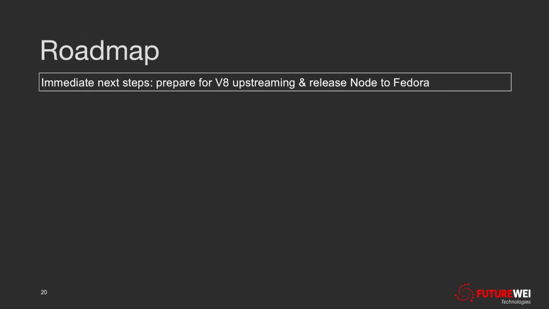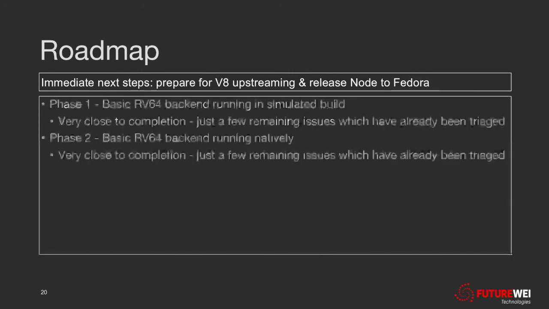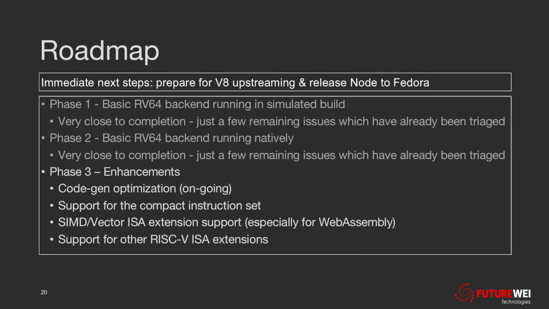In terms of roadmap, our immediate next step is to prepare for the V8 upstreaming and releasing Node to Fedora. This would happen in the next month or two, depending on their release schedule. For the rest of the work, we have almost finished phase 1 and phase 2. We are solidly into phase 3, enhancement.